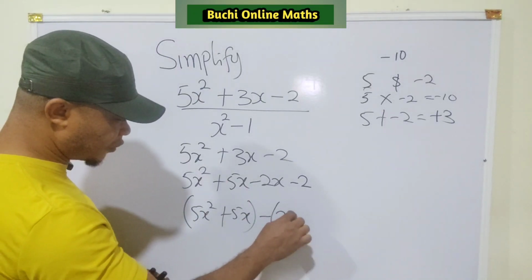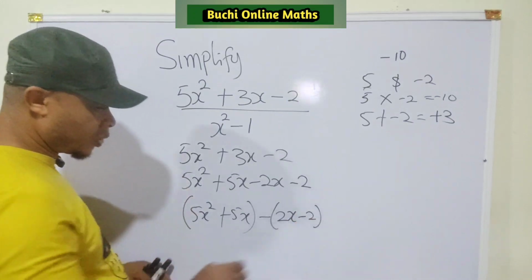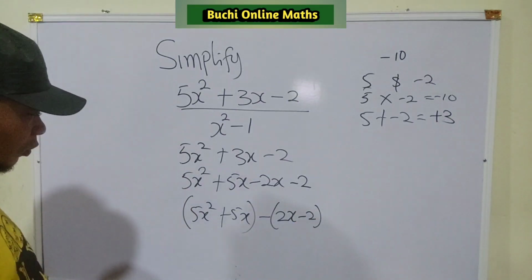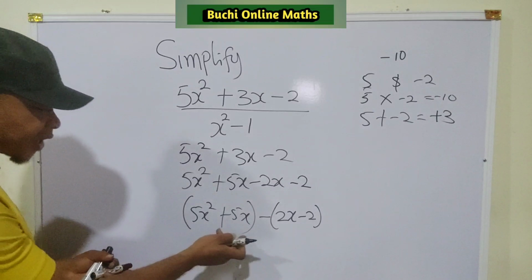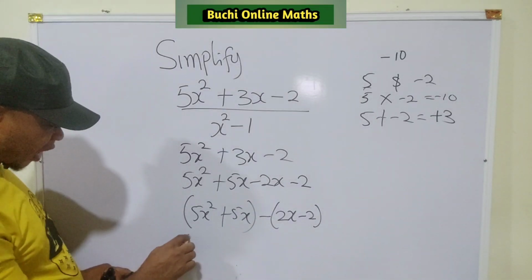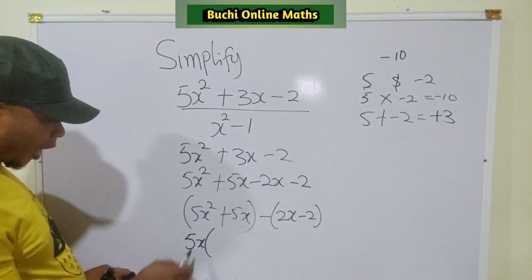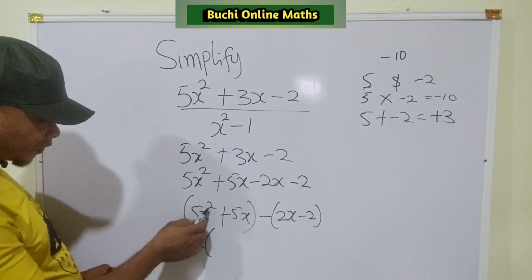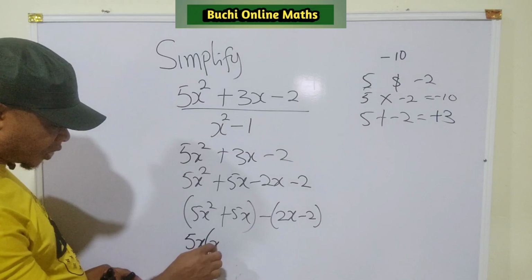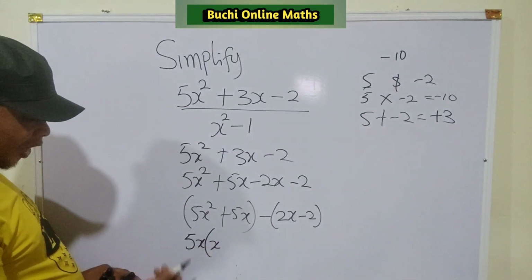Now, what is common inside the first bracket? We see that 5 is common, and x is also common. Let's use this x to divide x², and we are left with 5x.